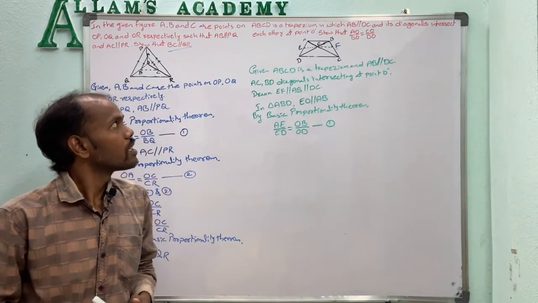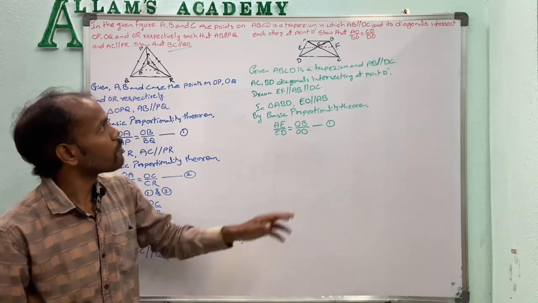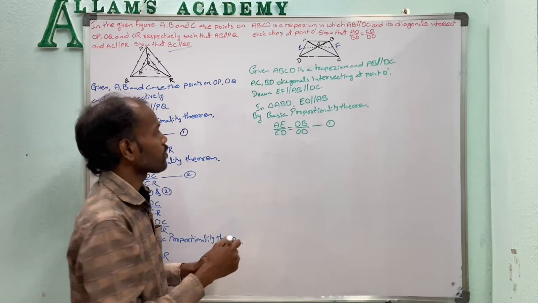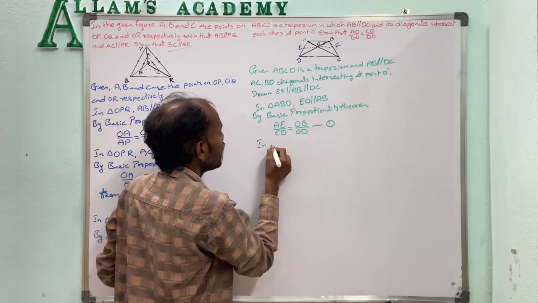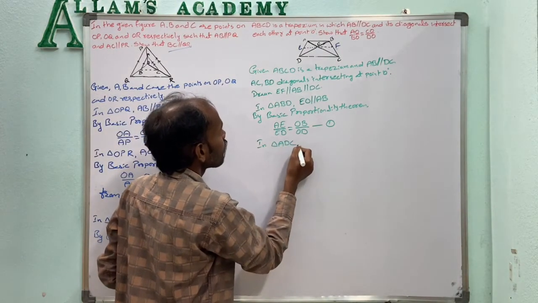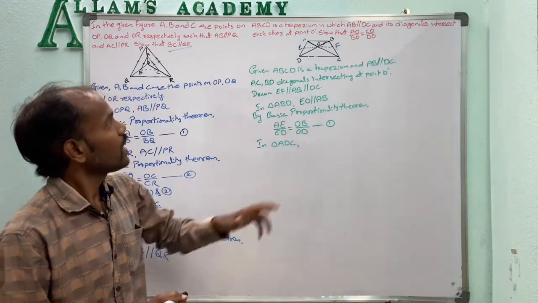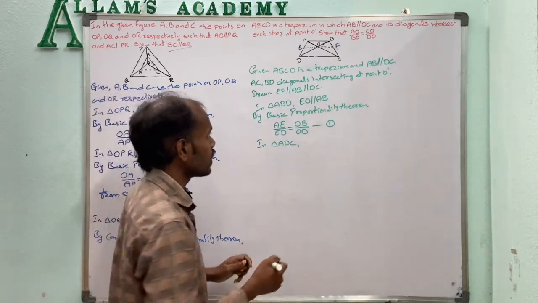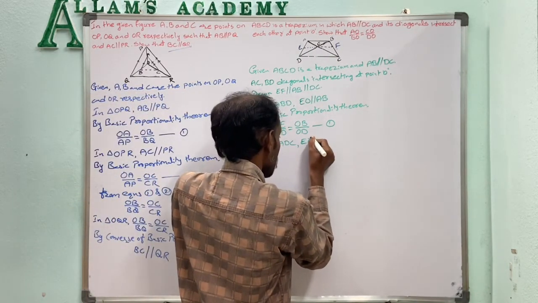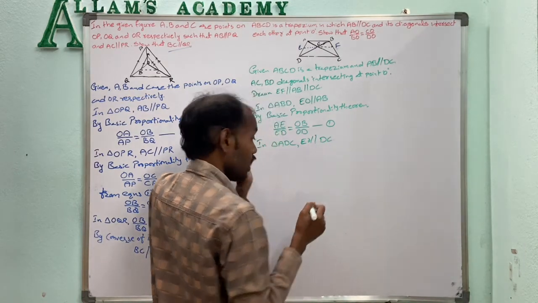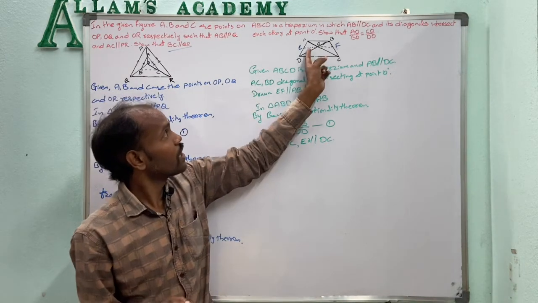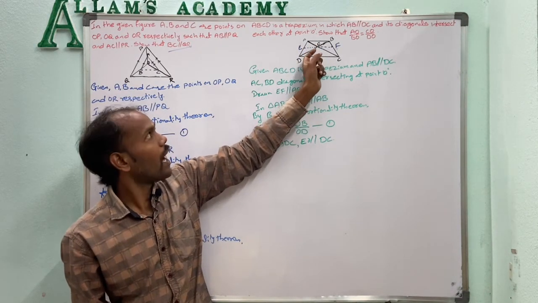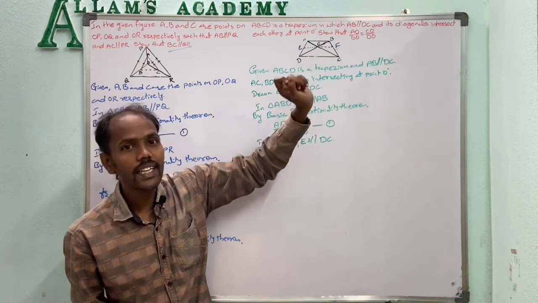Now similarly, if we observe in triangle ADC, here also EO line segment is parallel to line segment DC. Now this EO is parallel to DC and E and O are points on sides AD and AC.